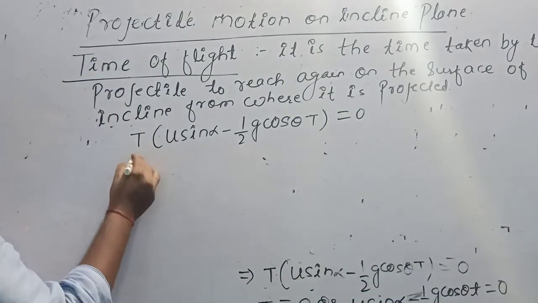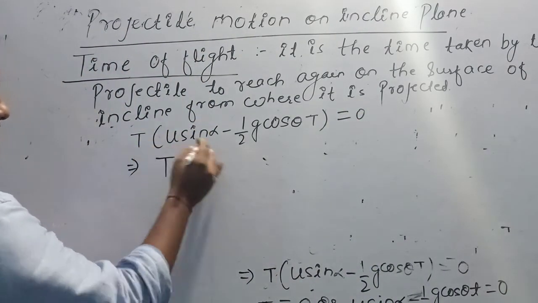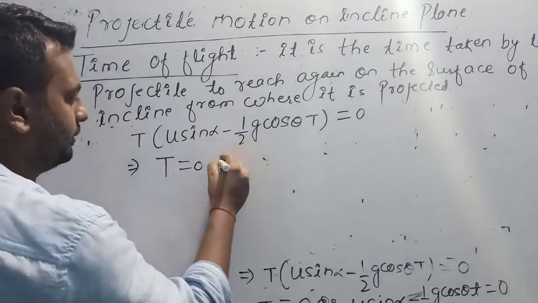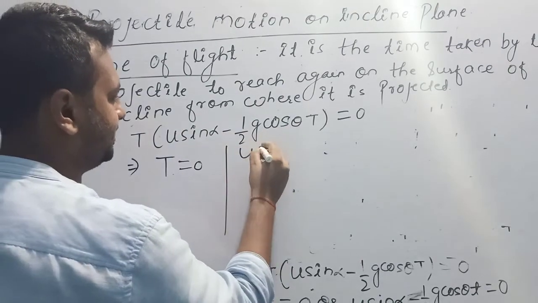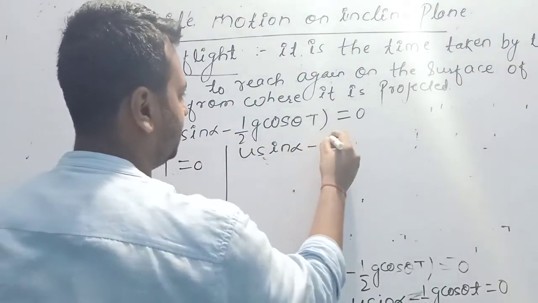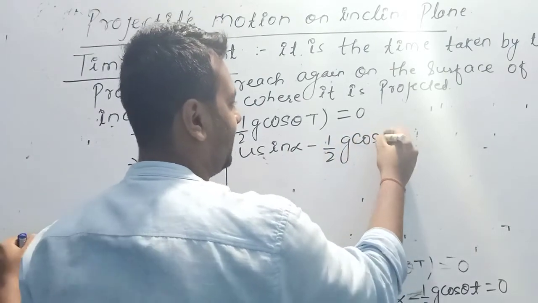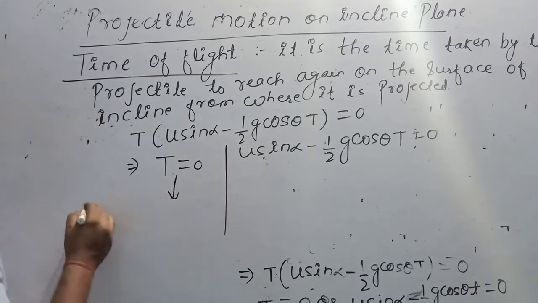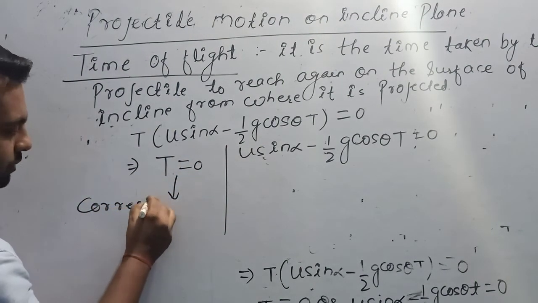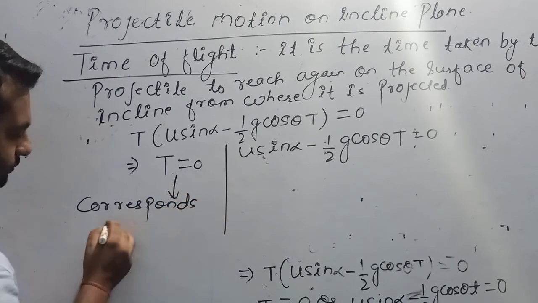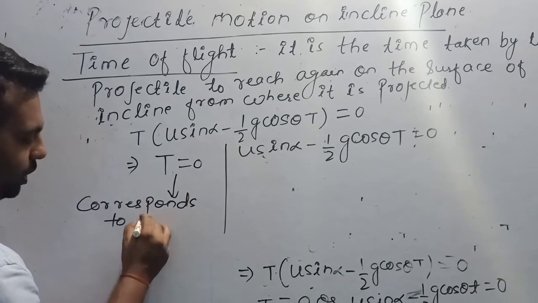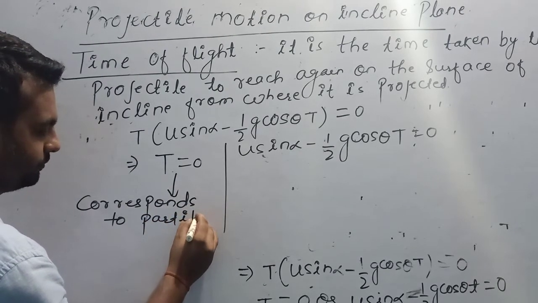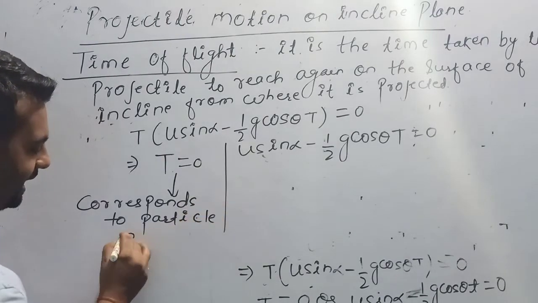From here we can write, since the product of these two terms is equal to 0, either this term will be 0 or this term will be 0. u sin alpha minus half g cos theta into t is equal to 0. t is equal to 0 corresponds to the particle or projectile which is projected at the origin.